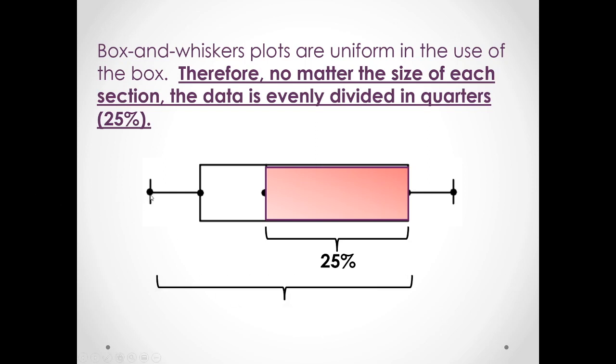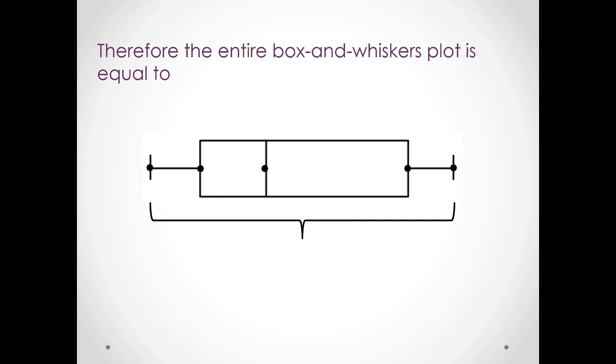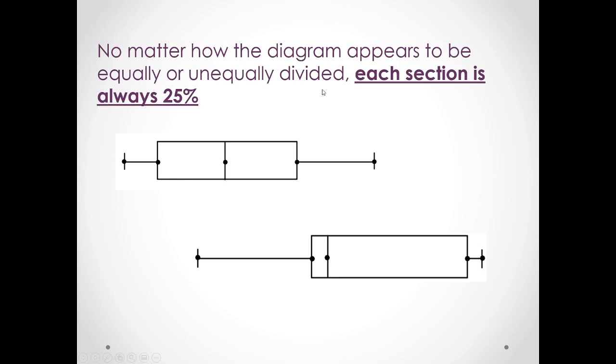If we were to combine these three, we've got 25, 25, 25 for a grand total of 75% of the data. The entire box and whisker plot would be equal to 100% because we've got 25, 50, 75, 100.